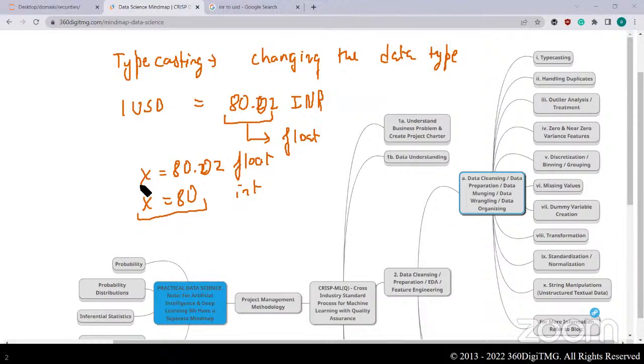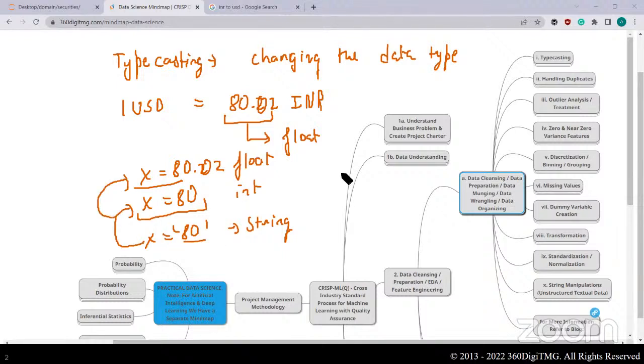Similarly, you can convert this 80 value to a string. Typecasting is basically changing the data type of any object we are working with. You can also convert this 80 string back to int, and then you can convert it back to float.